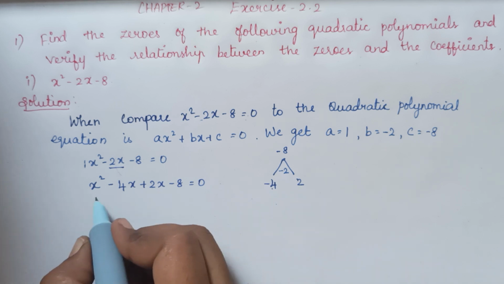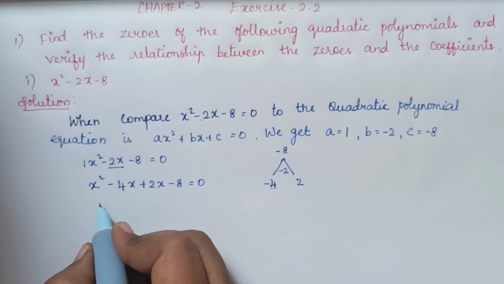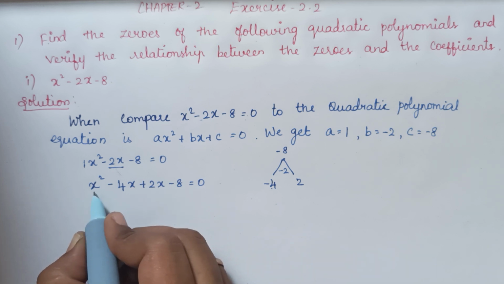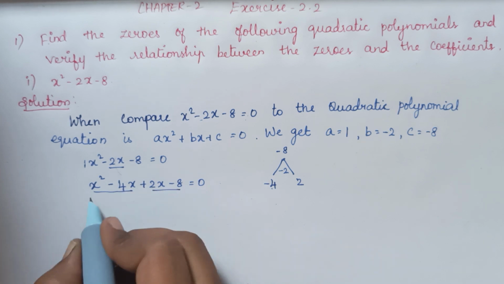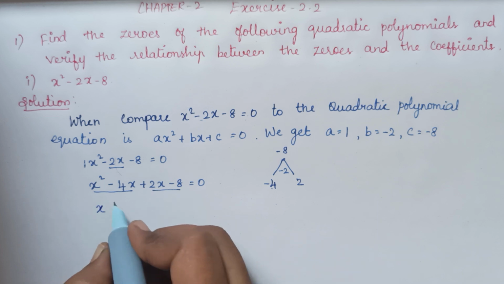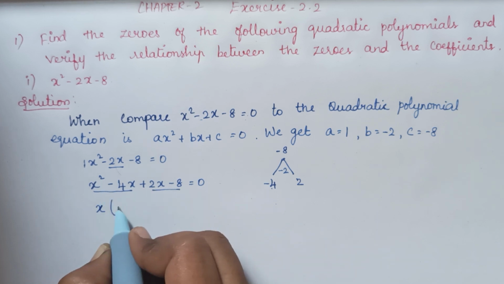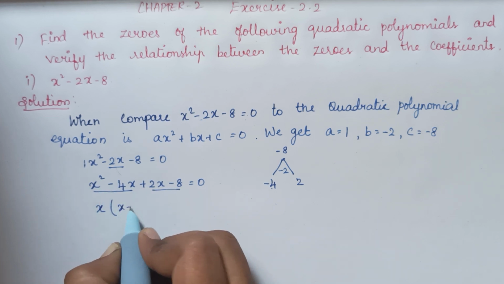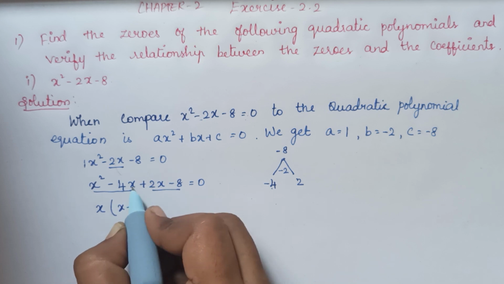Now take x as common. From these two terms, we can take x as common. If we take x as common, we get x minus 4.